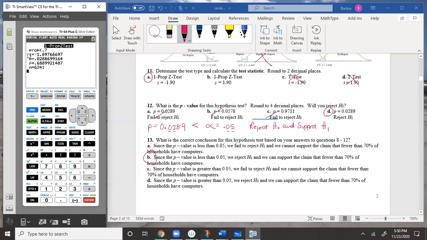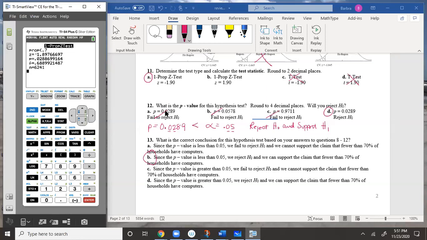So the test statistic is negative 1.890 or 898, which rounds to negative 1.90. So the correct answer is A. And the p-value is 0.0289. And so the correct answer would be A or D.